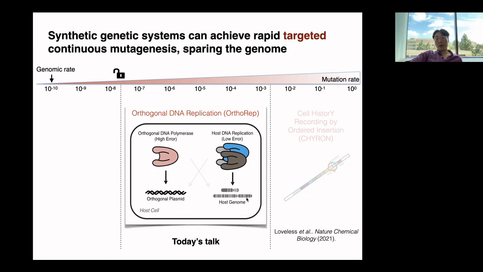And the 1/L mutation rate threshold of the genome, which is much lower, can still be maintained by having low error, high fidelity host DNA polymerases.